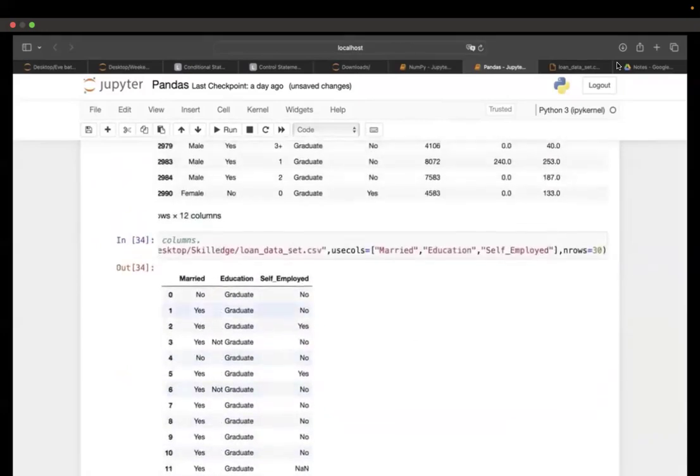So this is how you can select particular rows and columns while importing the data set. Making sense? Shall we move forward?